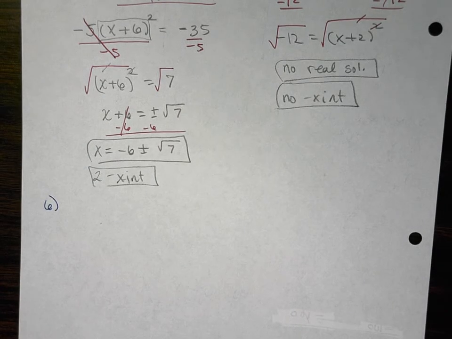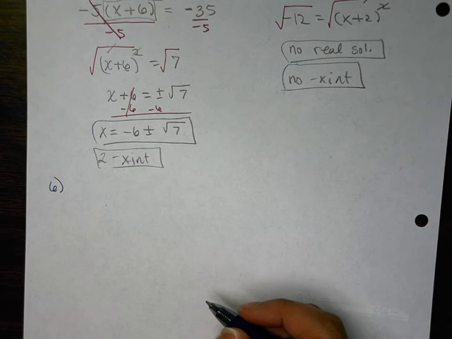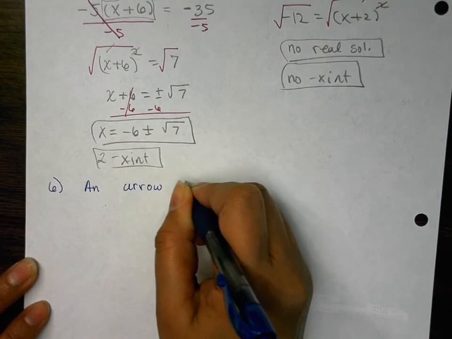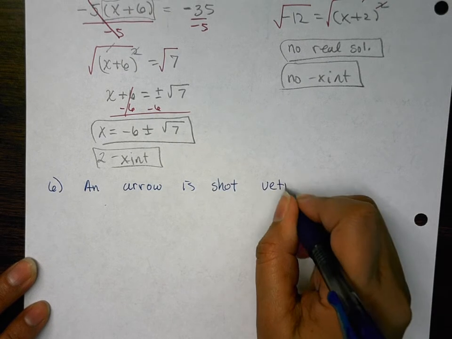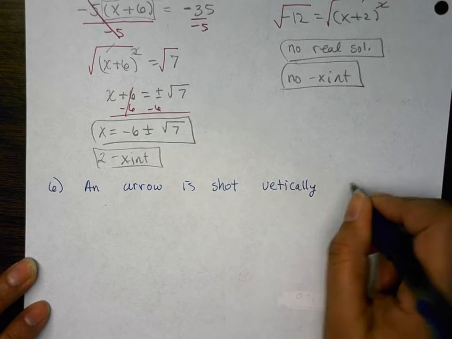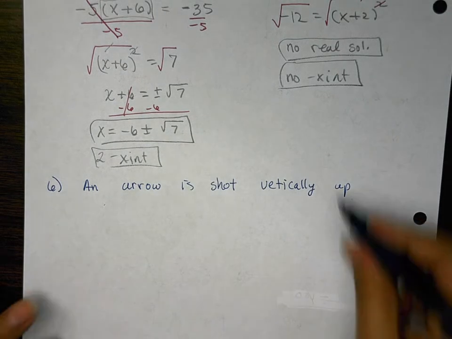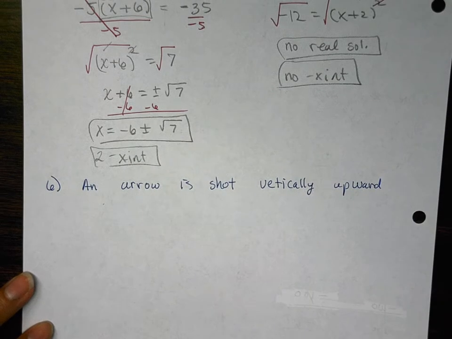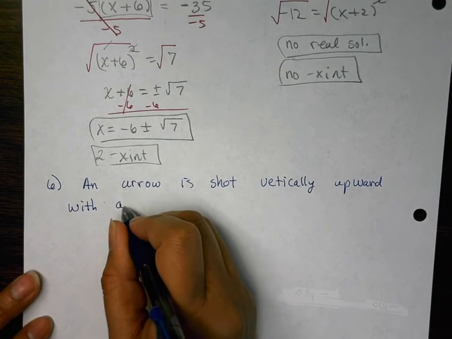Okay, last one. Number 6. An arrow is shot, write it down with me. An arrow is shot vertically upward. So it's shot upward like this, not out straight, upward. Does that make sense? It goes up high. Does it go up forever?